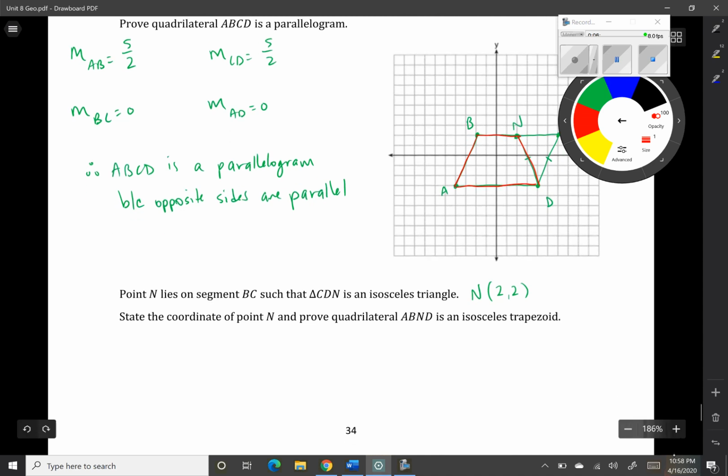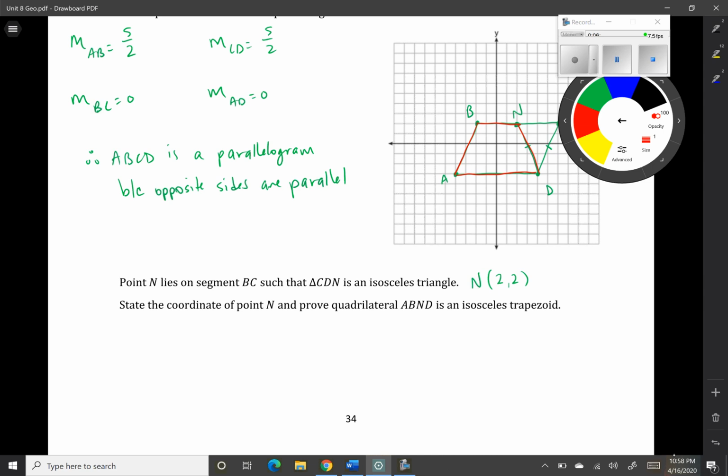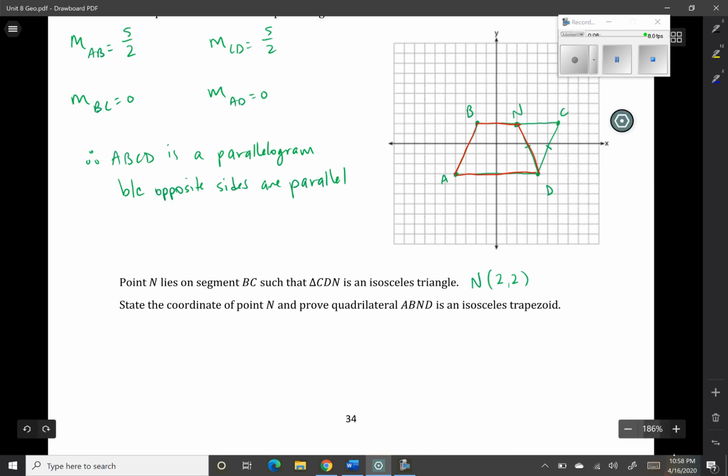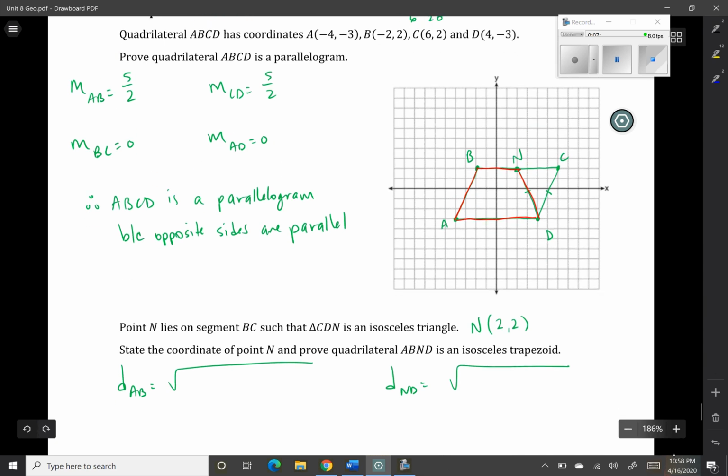It also wants us to prove that this is an isosceles trapezoid. In an isosceles trapezoid, the two non-parallel sides are going to be the same length. So we have to figure out what is the length of AB, and we have to find the length of ND. Two distance formula problems. So to get from A to B, if I subtract my x values, so my x values of A and B would be -2 minus -4.